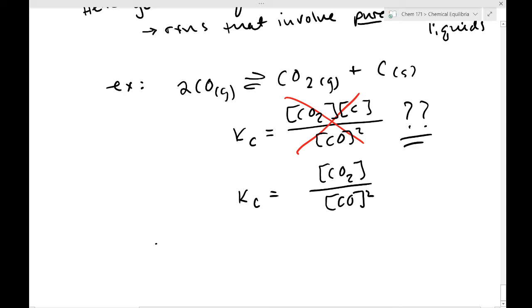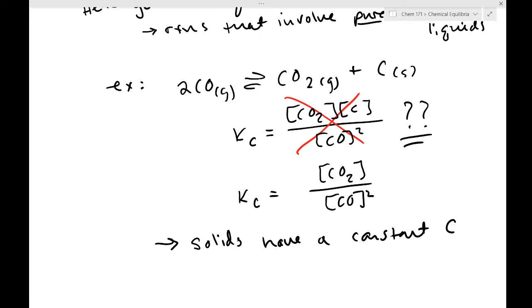And as a matter of fact, we assume that solids have a constant concentration. And this kind of makes sense, right? If you have some space that's filled up with a solid, you're not going to get any more solid within that space. So the amount of moles per liter remains completely constant.